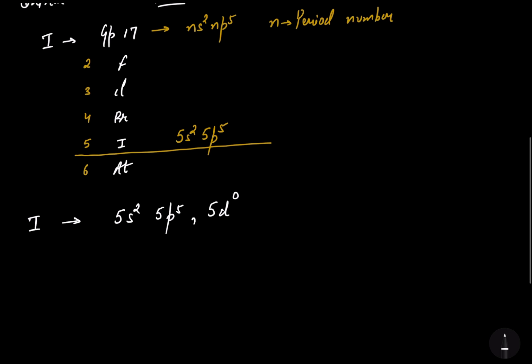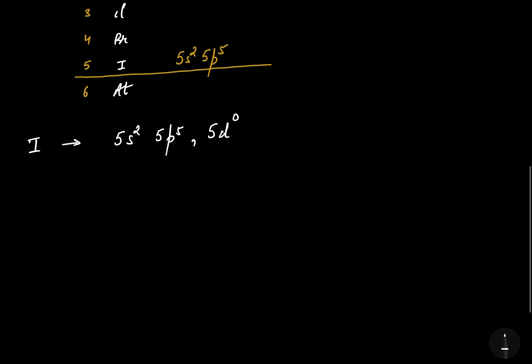Now let's make the electronic configuration of iodine in the form of boxes. So I'm going to represent the orbitals in the form of boxes, and we are going to fill the electrons according to electronic configuration. So we know that the 5s subshell has 1 orbital, so I have signified that 1 orbital with 1 box. Now let's talk about the 5p.